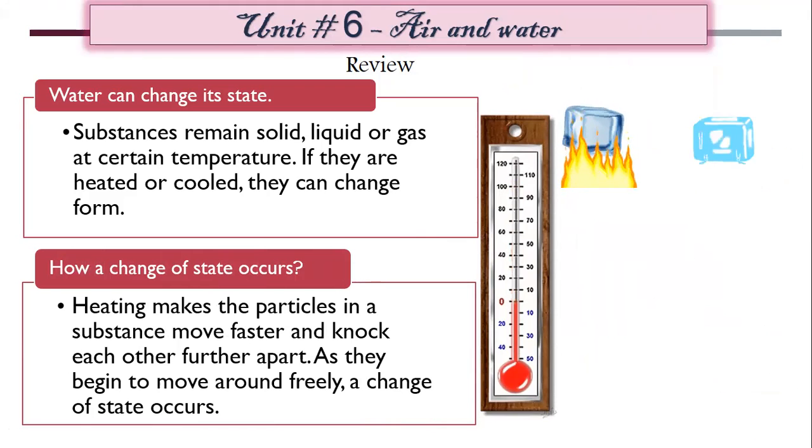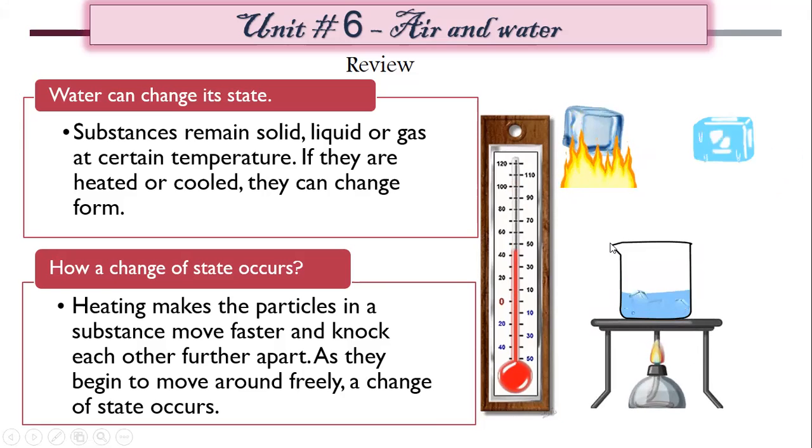But what happens when water gets hot at 212 degrees Fahrenheit, or 100 degrees Celsius? Water starts boiling and becomes gas. That is called transition from liquid to gas, as we read in our unit number 5.